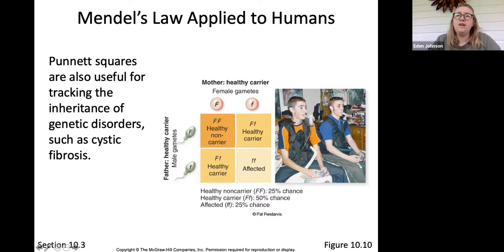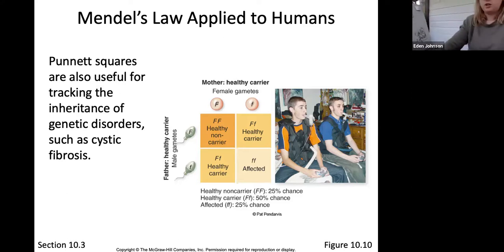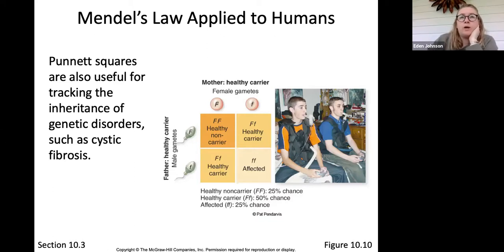Now, if this was a big thing to us and we didn't want our children to be carriers, or did not want our children to be affected, or in this situation over here that we just did, where there would be a 50% chance that our children would be affected, then that's a situation where pre-implantation genetic diagnosis can come in.